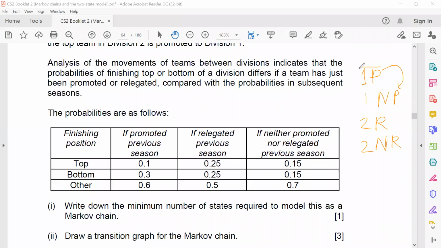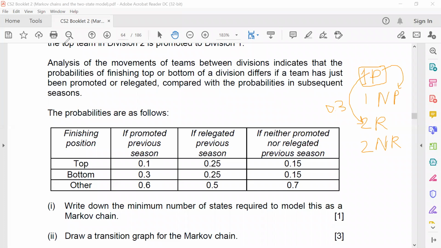So let's say I'm in 1P, which means I was promoted in the previous season. Only if you happen to be in the bottom will you go down to 2, and that would mean that you were relegated. So I think the probability that you will go from 1P to 2R is 0.3.